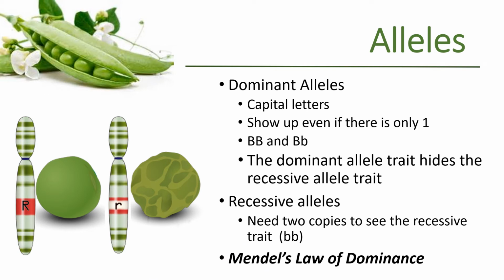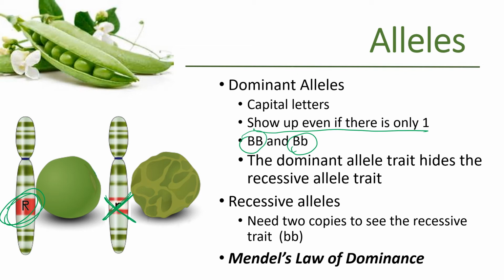So the dominant allele is always going to be the capital letter. Now, the trait that is associated with that dominant allele will show up even if there's only one capital letter. So it's going to show up if I have big B, big B or big B, little b as my genotype. Because in this case, the capital letter is always going to overpower the lowercase letter.